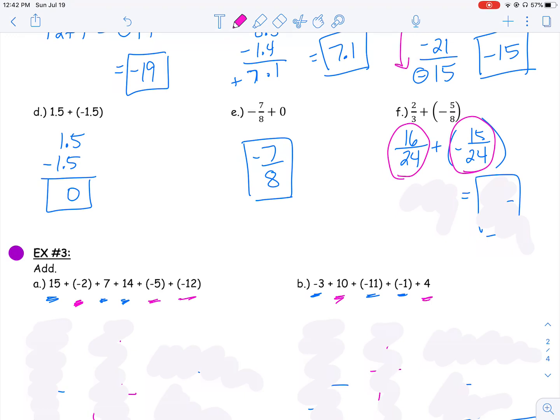So 16 minus 15 is 1, and the bigger number is positive. 16 over 24 is positive, so my answer is really going to be positive 1 over 24. Keeping my common denominator and just adding or subtracting the numerators using my rules. So 16 24ths plus a negative 15 24ths is positive 1 over 24. Making sure you get those common denominators.